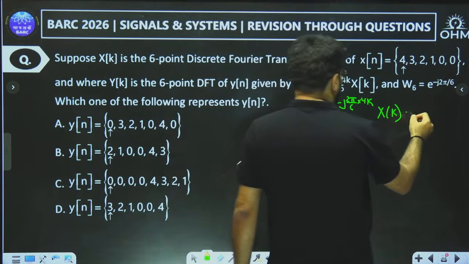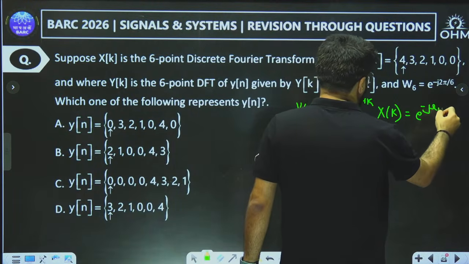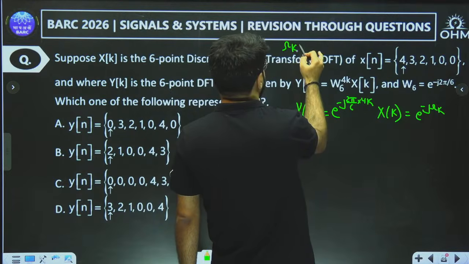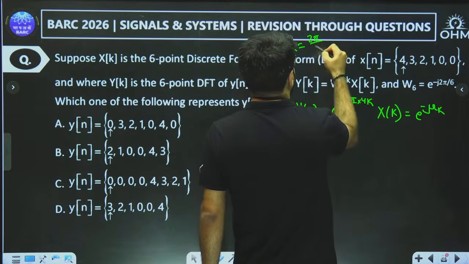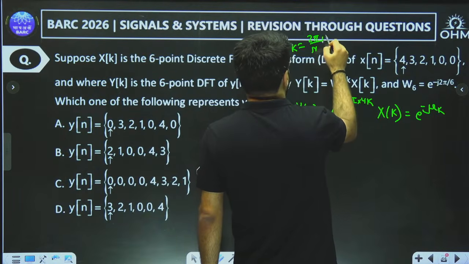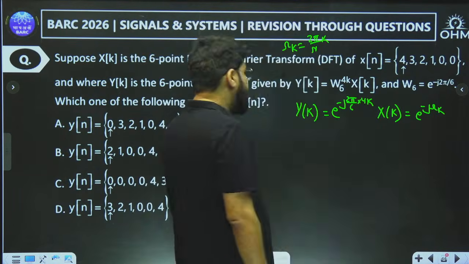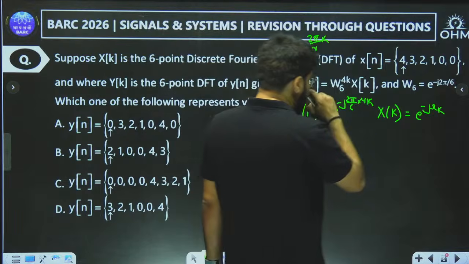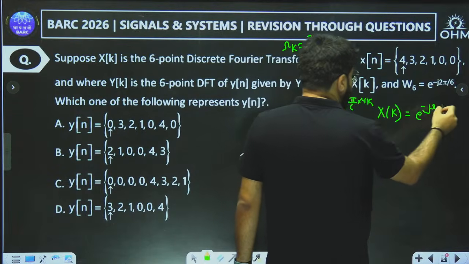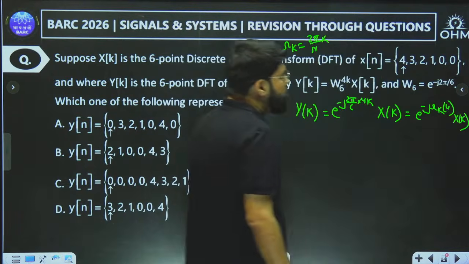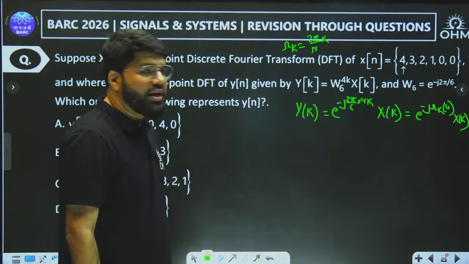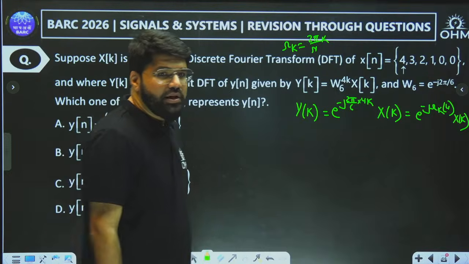Or you can also write it as e power minus j omega k, noting that omega k is the discrete frequency which converts the DTFT to DFT, 2 pi by N into k. So e power minus j omega k into 4 times Xk. In the Fourier transform there is an exponential phase term that happens because of time shifting.